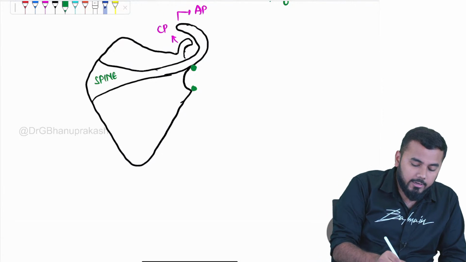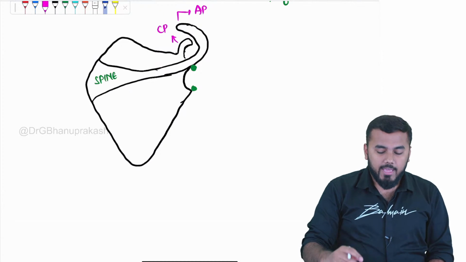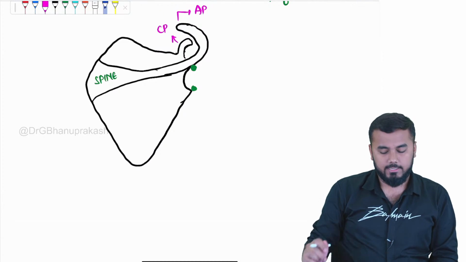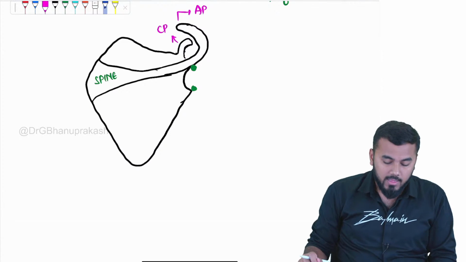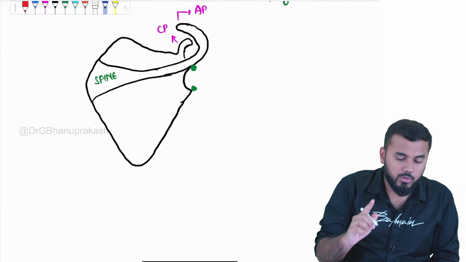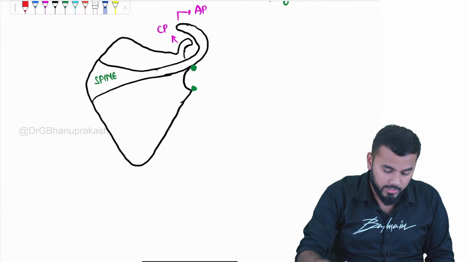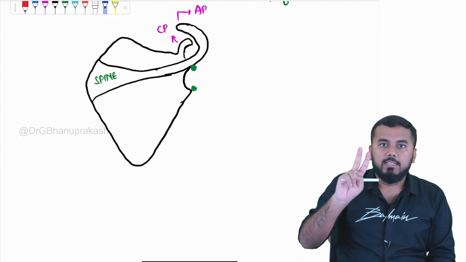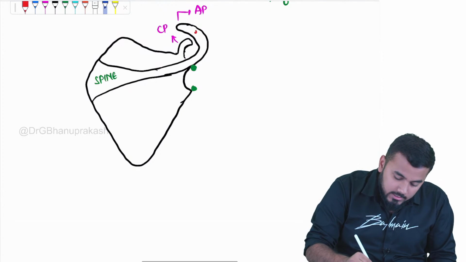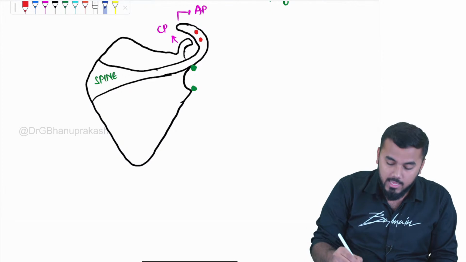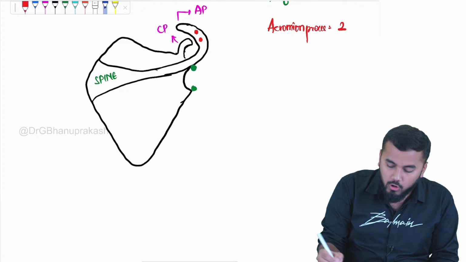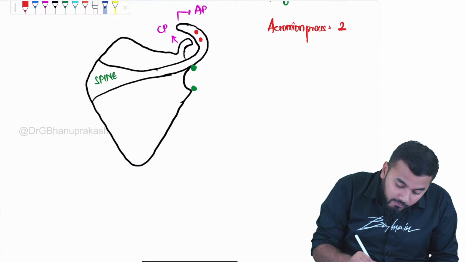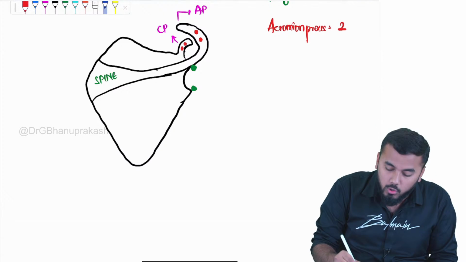Okay, can you tell me where the ossification centers are here? Look very keenly, guys. There are two ossification centers on the acromion process, and two ossification centers on the coracoid process.